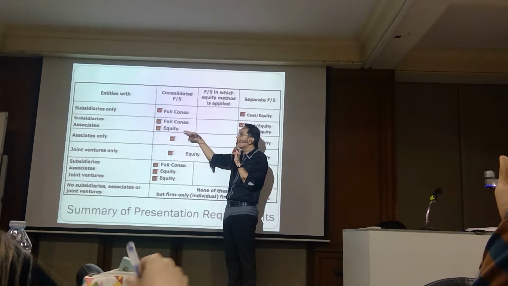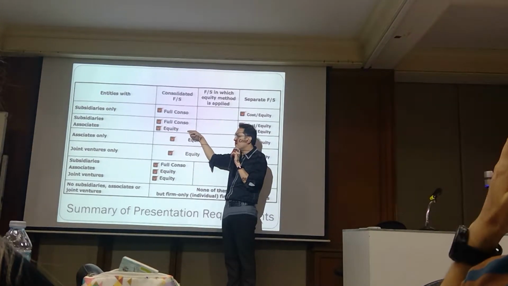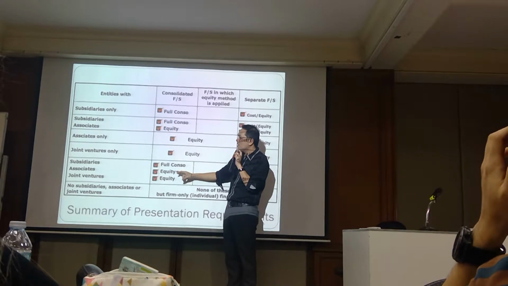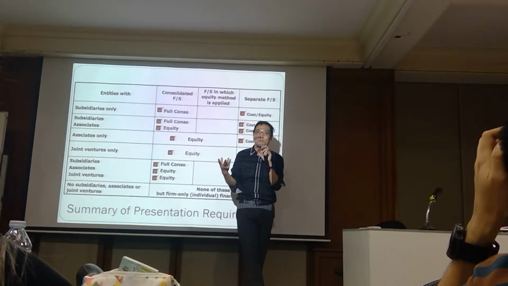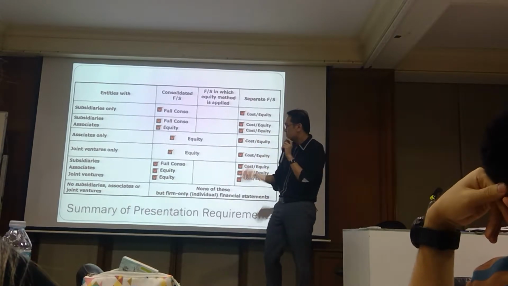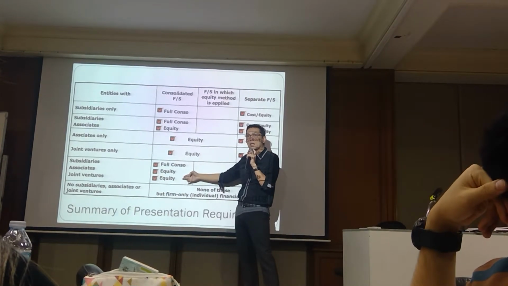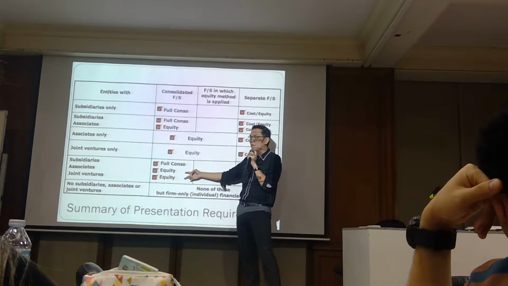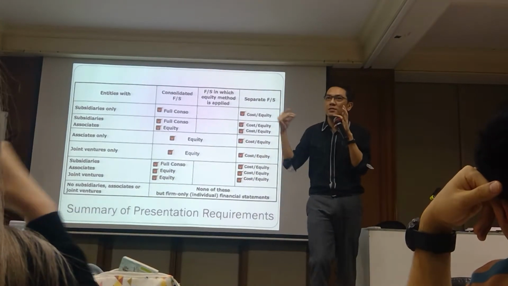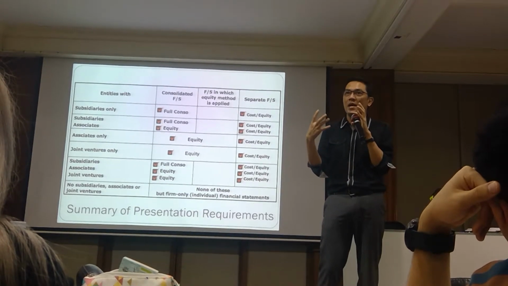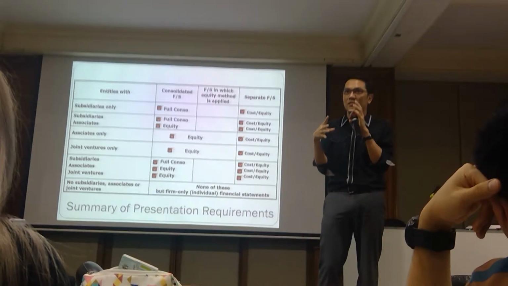All right, so you're going to see share of net income in here. If they have joint ventures in their group, for joint ventures they are required to use the equity method as well. That's why this slide, this picture here, tries to summarize what you can expect to see on the financial statements.